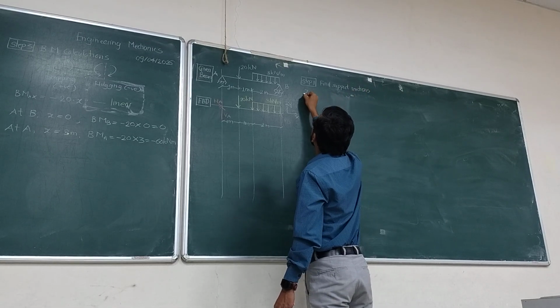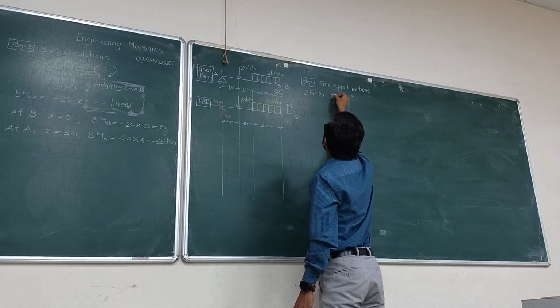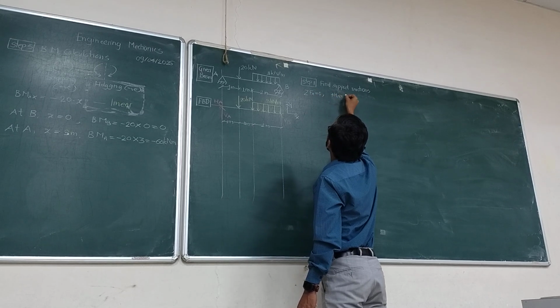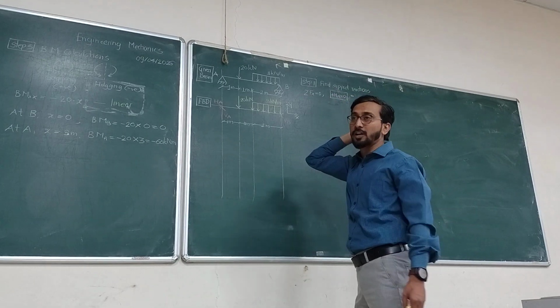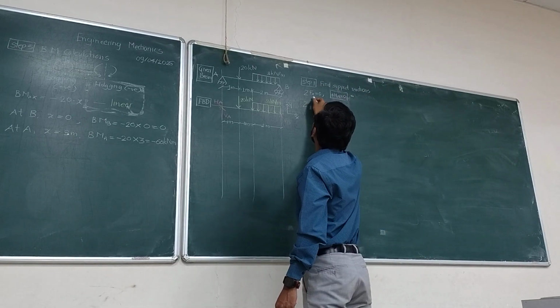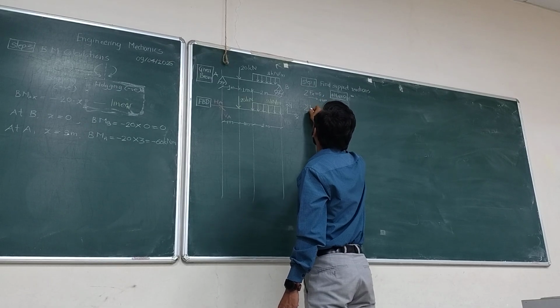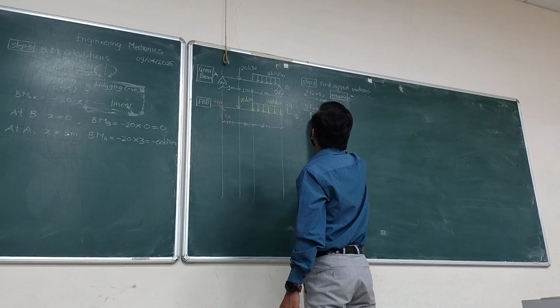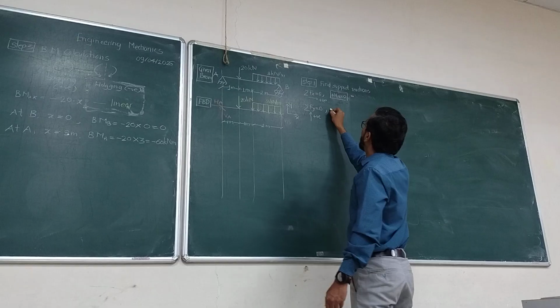Summation Fx is equal to 0, plus HA is equal to 0, so horizontal reaction at A is already 0. This was rightward positive. So summation Fy is equal to 0. I'll assume the upward forces to be positive in the y direction.